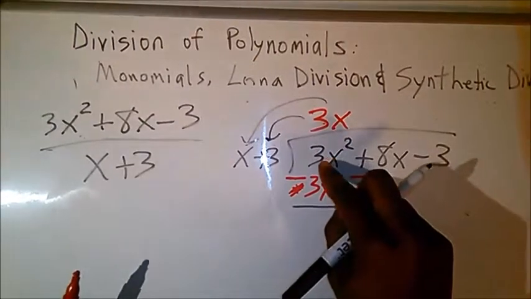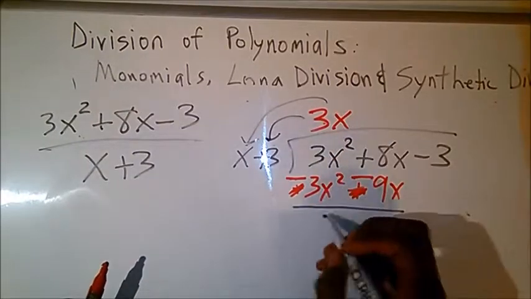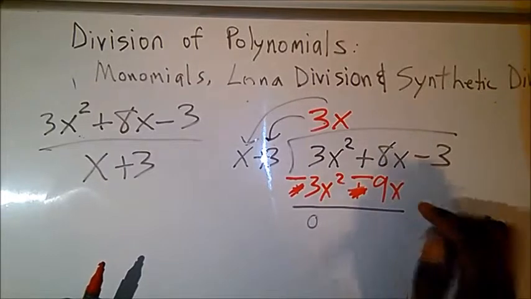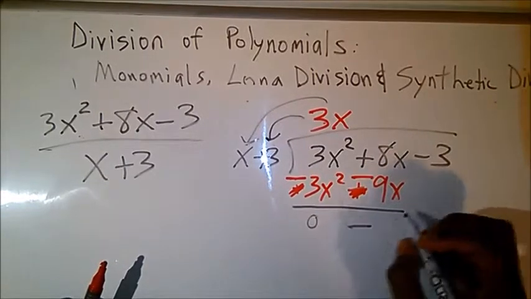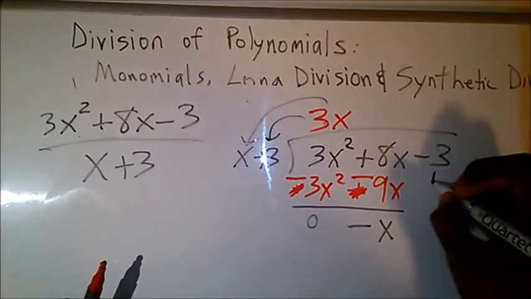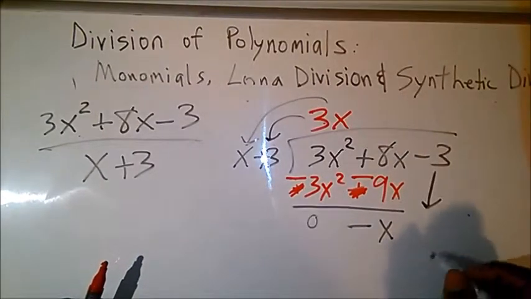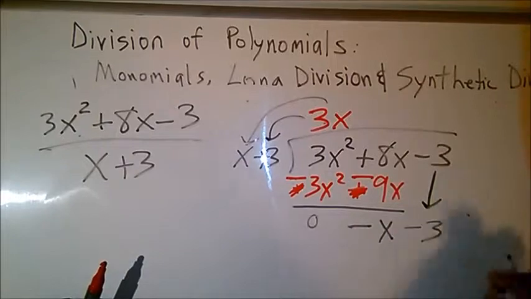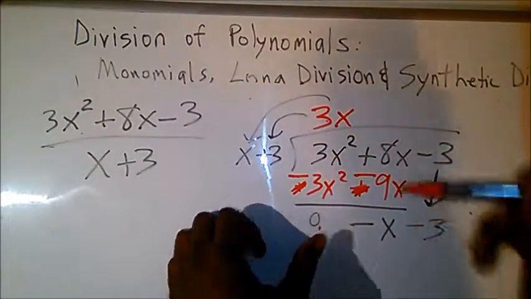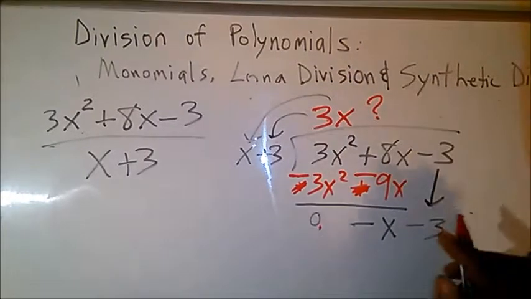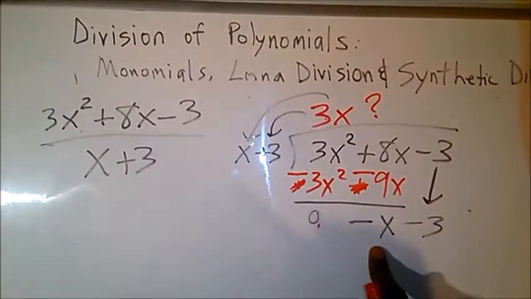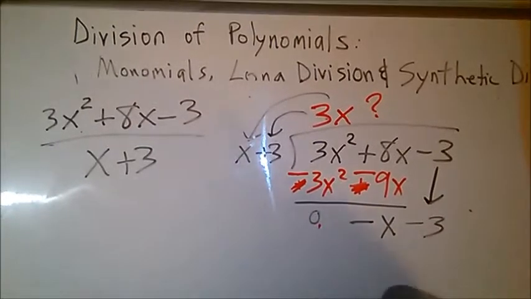So 3x squared minus 3x squared is going to be 0. 8x minus 9x is equal to negative x. Now bring down this term here. It's going to be negative 3. Now we ask the question again: what times x equals negative x?